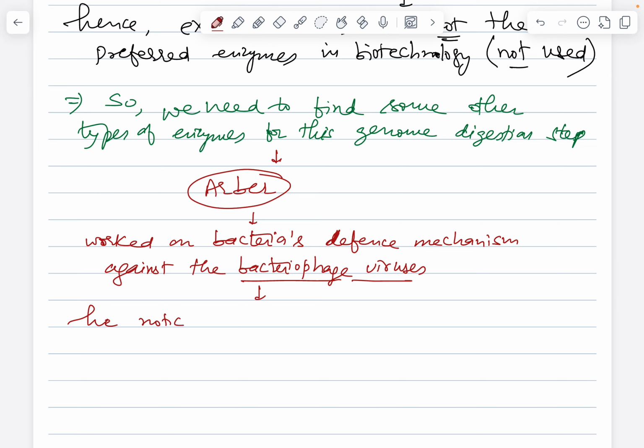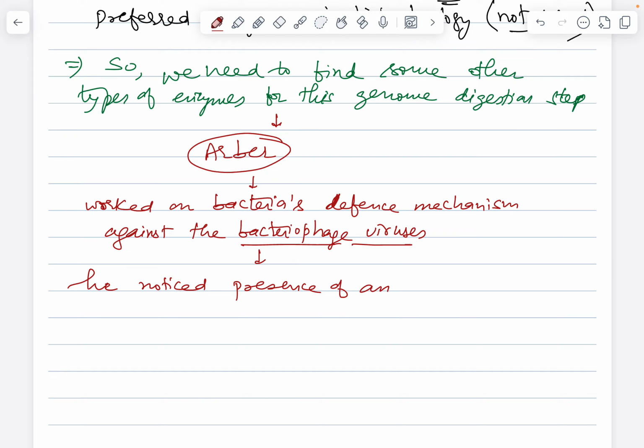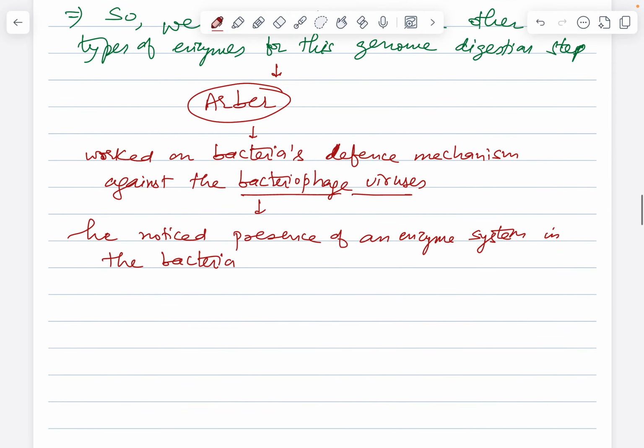He noticed the presence of an enzyme system, that means a group of enzymes, in the bacteria, called the restriction methylation system.